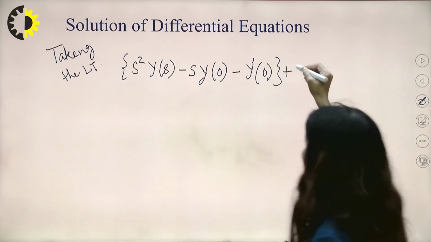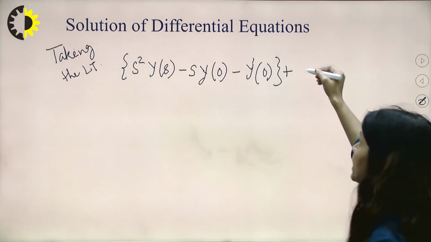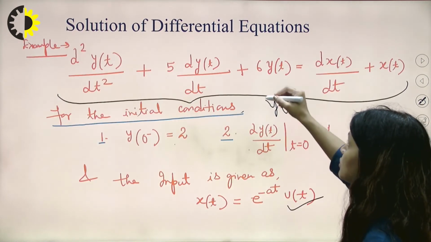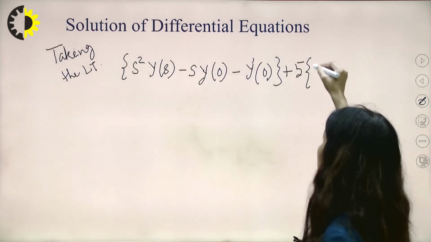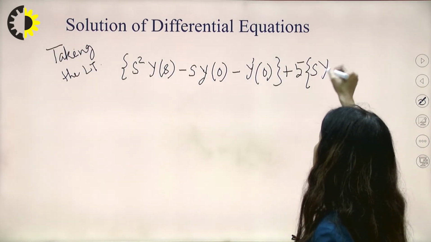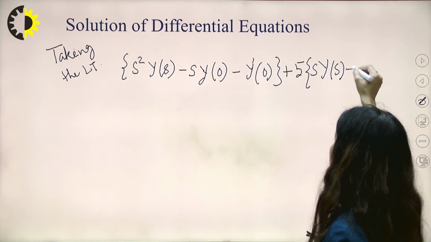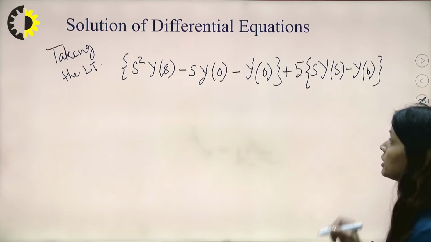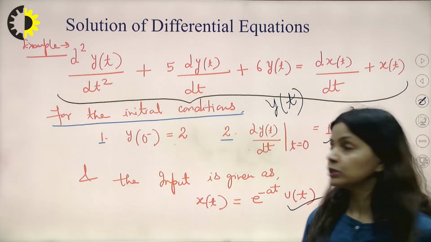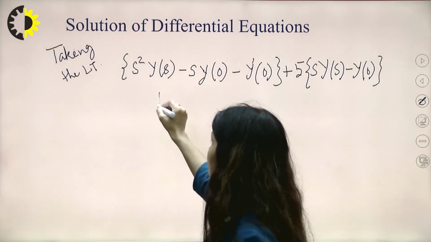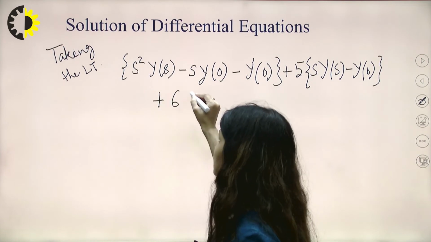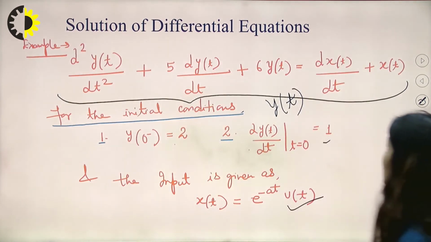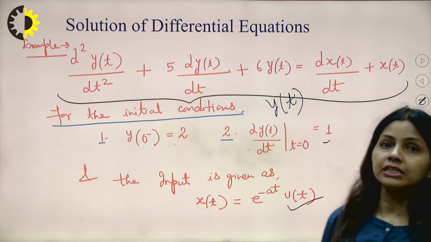My suggestion is to put these into brackets so that you do not make mistakes with the coefficients. So dy(t) upon dt would be nothing but s Y(s) minus y(0). The next term is 6 y(t), so we will put 6 of Y(s). Now here we have dx(t) upon dt.